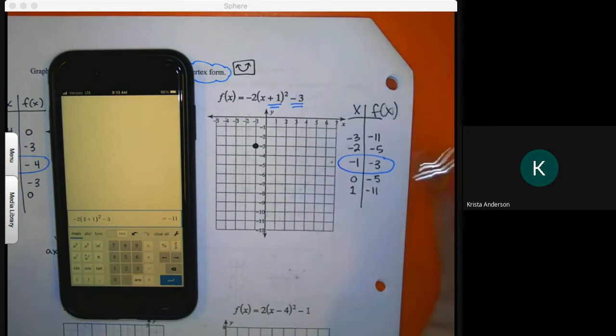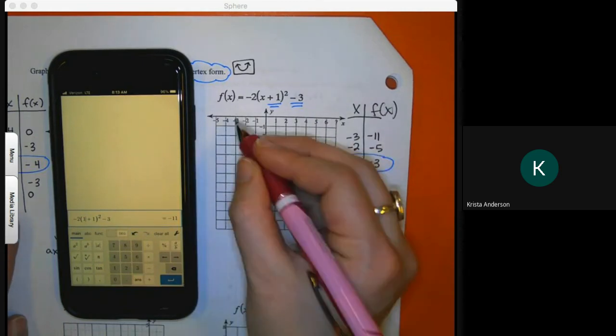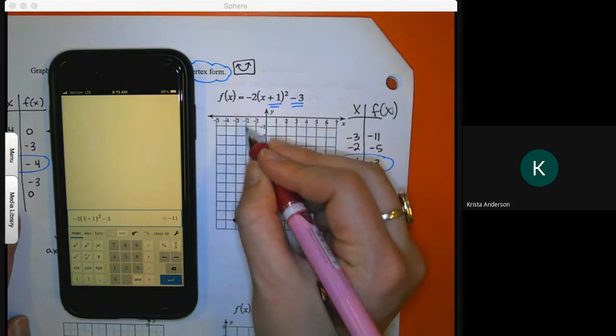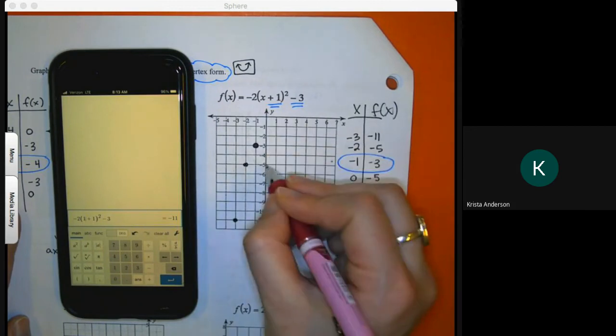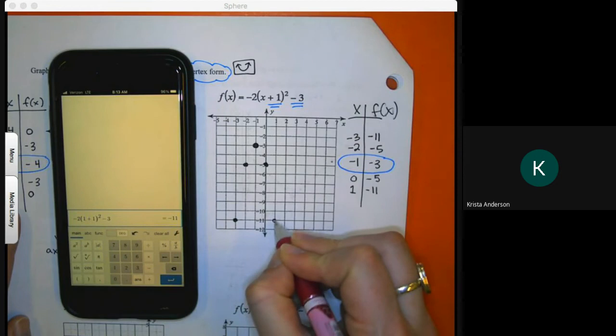I'm going to plot these points. Negative 3 is down 11. Negative 2 is down 5. 0 is down 5. They match. And this one is down 11.